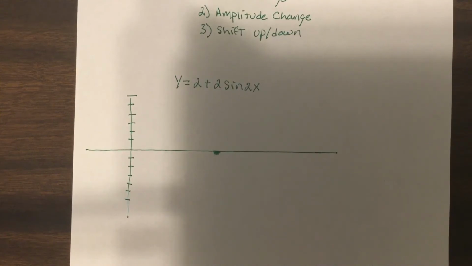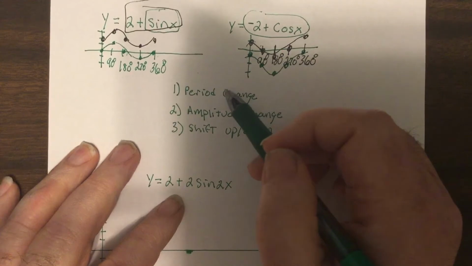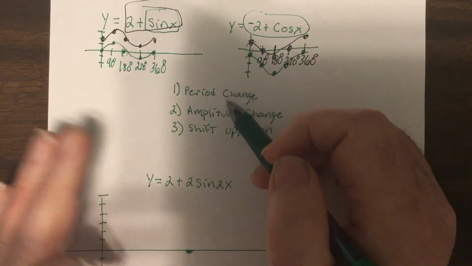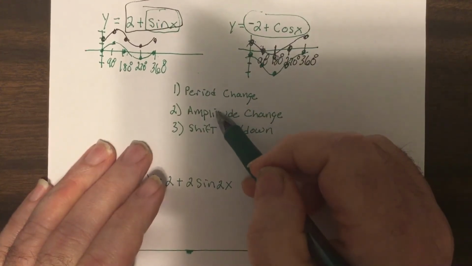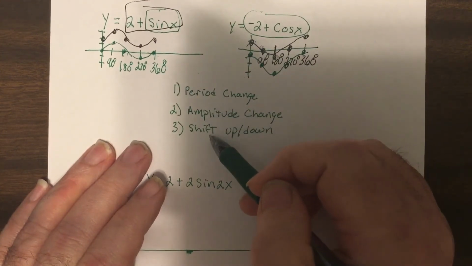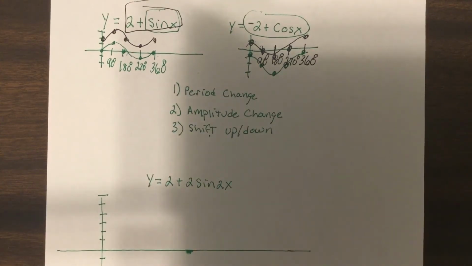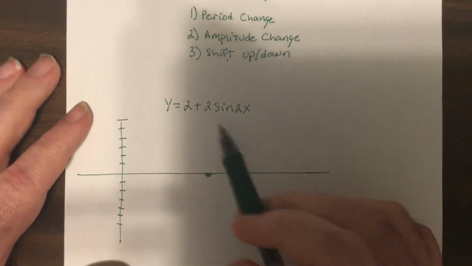Anyways, now let's put all 3 changes together. Now my recommendation is you always do the period change first. Do this in parts. You don't have to graph the final graph at the start. Then make an amplitude change, and then do the shift. So it's probably easier to do different colors, if you have them. So, here's the graph I want to do.